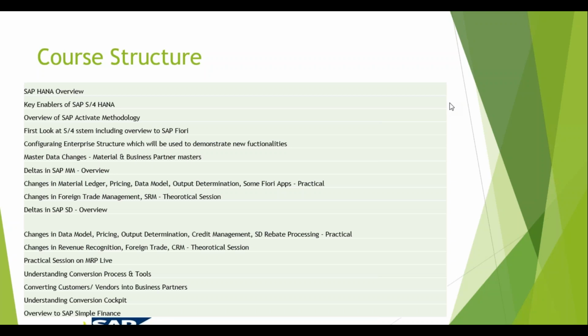After that, they simplified modules like MM, SD and PP in 1511. Now in 1610, they added some industry-specific solutions, and very basic functionalities of EWM are also merged. Going forward, in 1710 there will be improvements in terms of CRM and SRM functionalities.